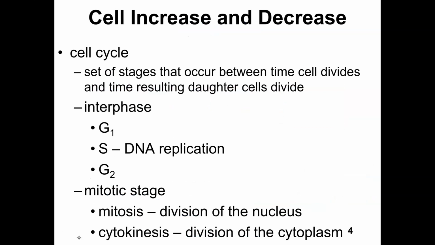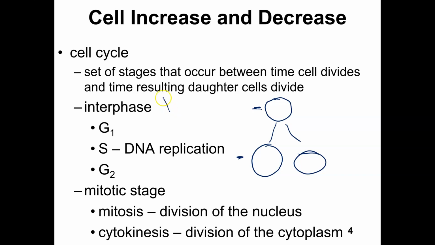So the cell has its own life cycle. A cell has a life cycle, and the life cycle of a cell is known as its cell cycle, and it's the time from when a cell is produced to when that cell divides into 2 daughter cells. And there's a set of stages that occur between this initial production of the cell and the time it divides, resulting in its daughter cells. So there are 2 major stages of the cell cycle.